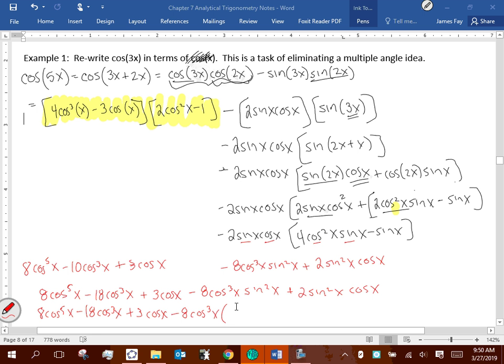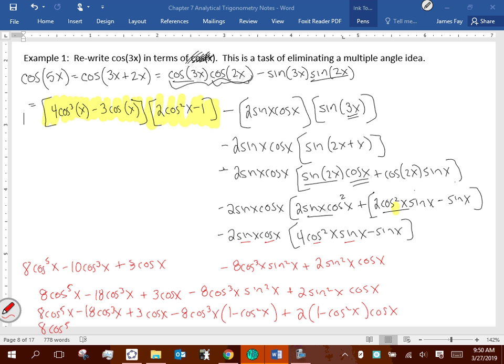Is sine squared the same thing as 1 minus cosine squared? I think when we do that, you're going to find out 8 cosine of fifth x minus 18 cosine cubed x plus 3 cosine x. Now it's going to be what?